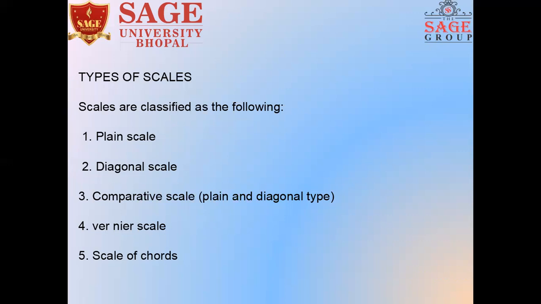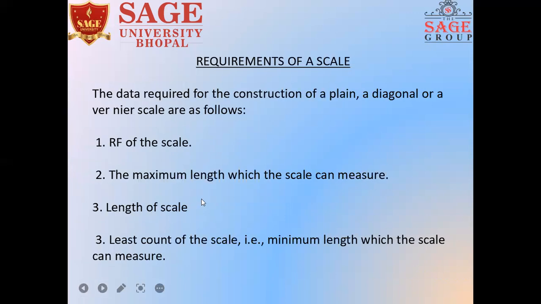So basically scales are 5 types. One is the plane scale, second diagonal scale, third comparative scale, fourth vernier scale, and fifth, last, is scale of chord. So now here we learn what is the basic requirement of a scale when you draw it on a paper.